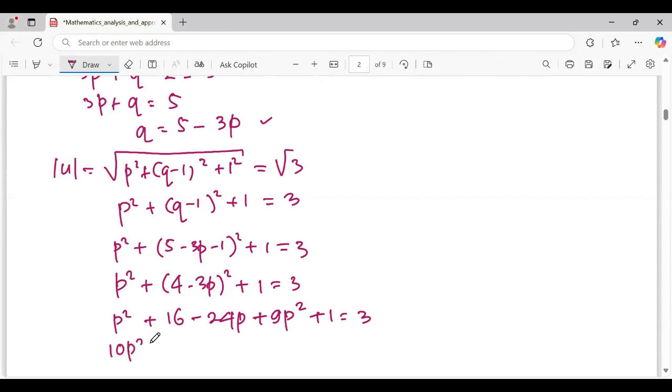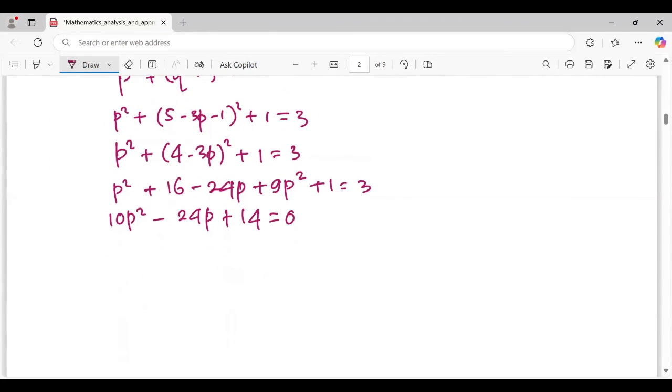Becomes 10p squared minus 24p, 16 plus 1 minus 3, it means plus 14, equals 0. Or we can simplify by dividing by 2: 5p squared minus 12p plus 7 equals 0.